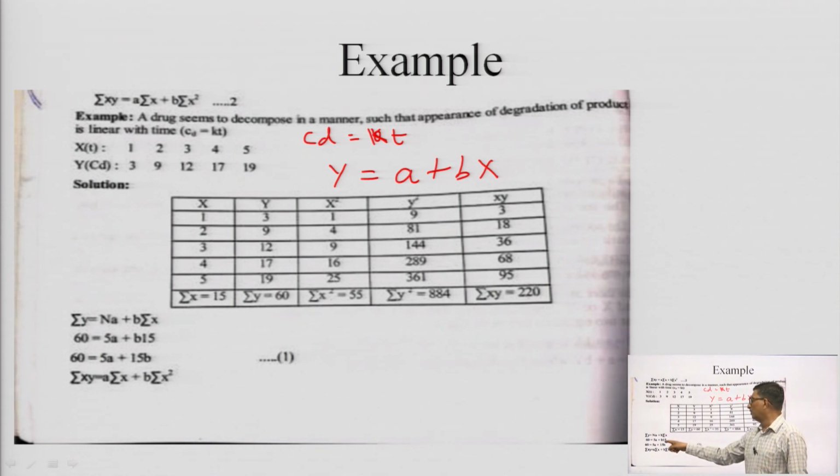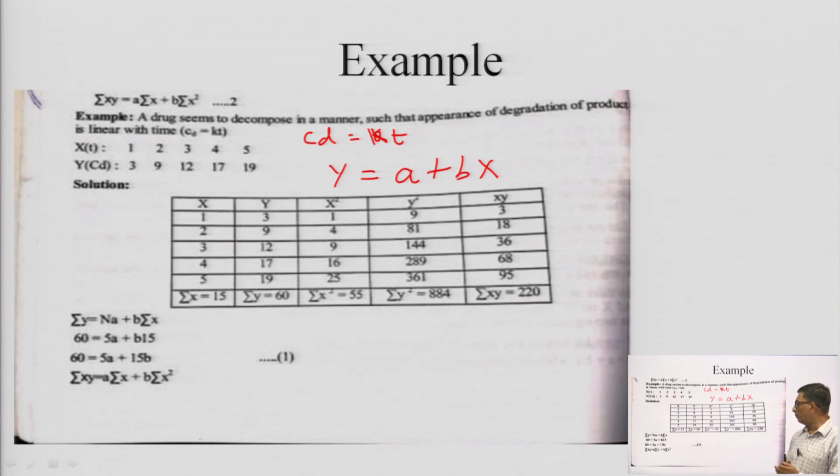So, this is the first equation, and the second normal equation is summation x y equal to a summation x plus b summation x square.